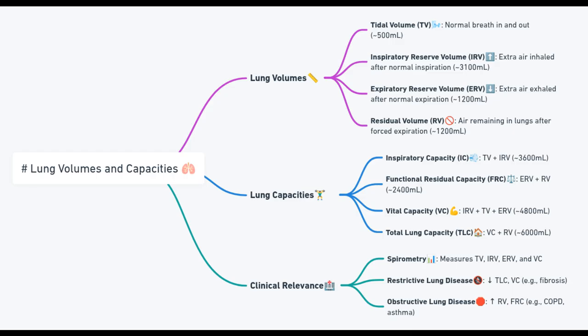Alright, so DLCO, which is the diffusion capacity of the lung for carbon monoxide or transfer factor, is used for assessing diffusion function of the lungs. It is impaired when diffusion distance is increased, as in lung fibrosis, and impaired if alveolar surface area is reduced, as in emphysema or post-lung resection.